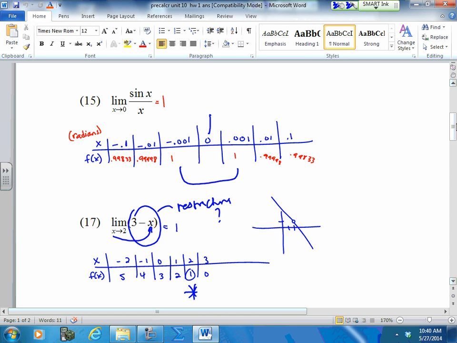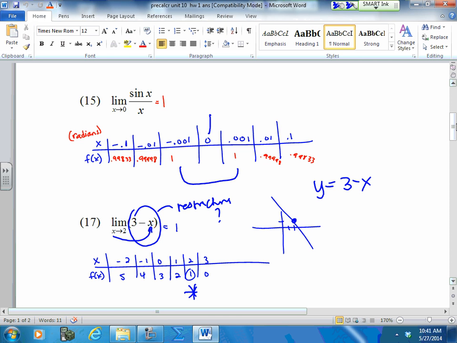So how do we do this? All you have to do is plug 2 into this. When you put this in, you're going to say, what's going on at this point right here? When it's 2, it really is 1. That's a valid point, so that's our filled-in point. So the limit as x approaches 2 is 1.